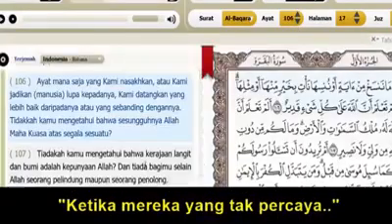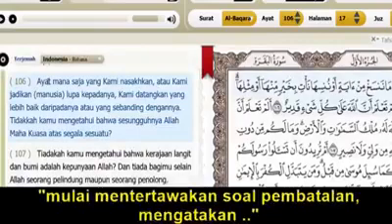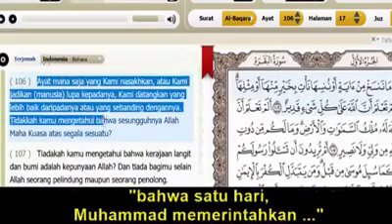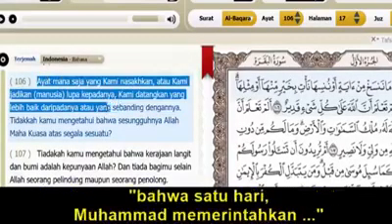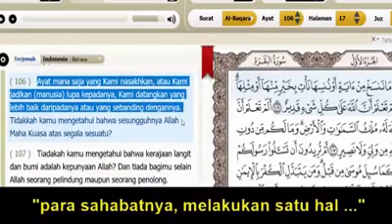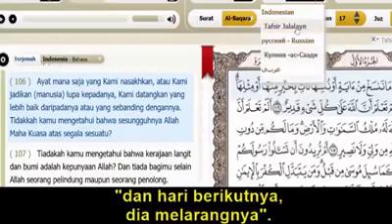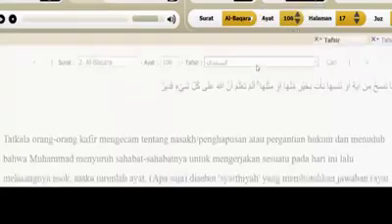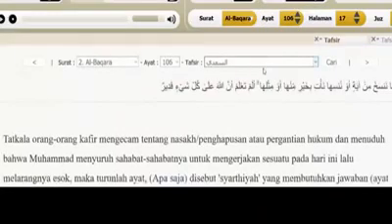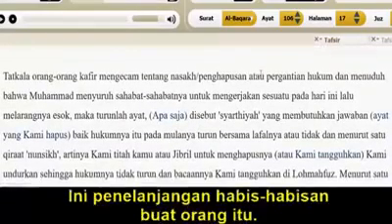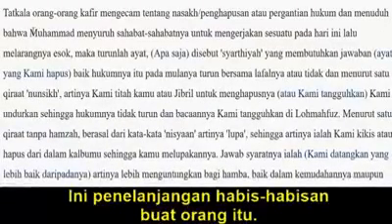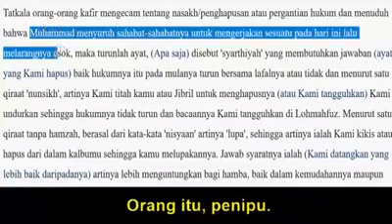When the disbelievers began to deride the matter of abrogation, saying that one day Muhammad enjoins his companions to one thing, and the next day he forbids it. This is a very great exposure of this man. This man is a fraud.